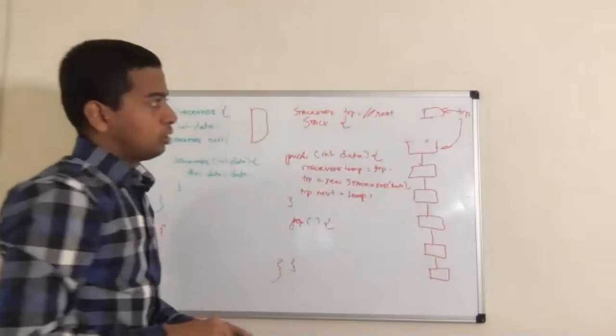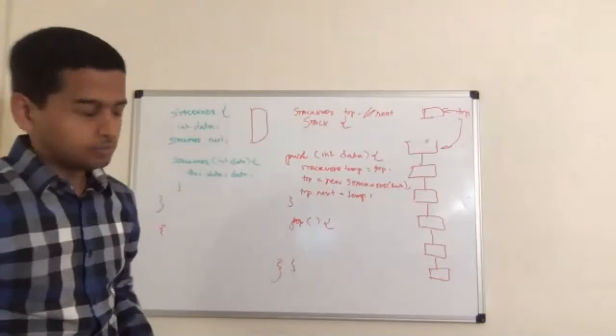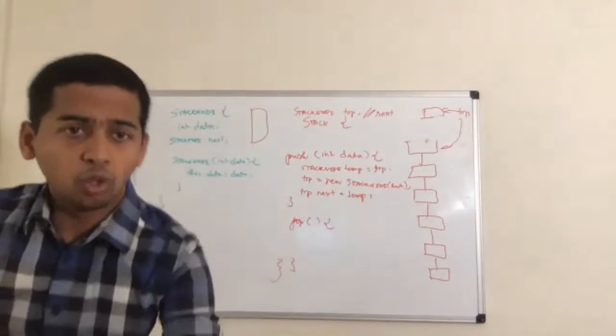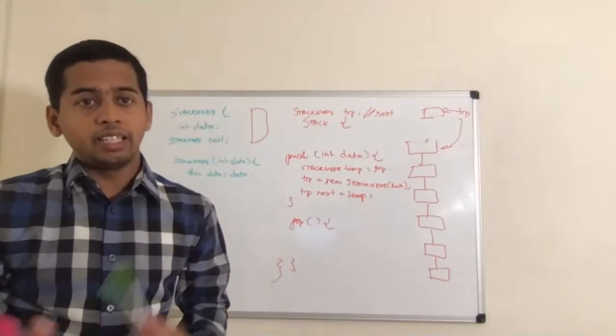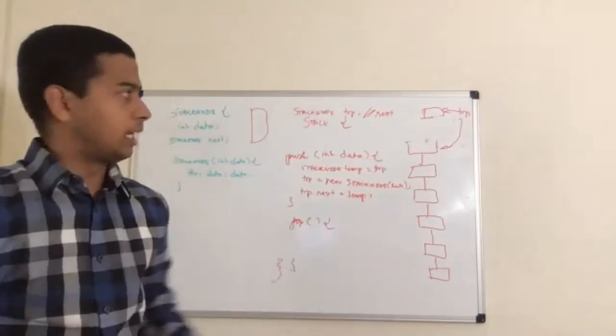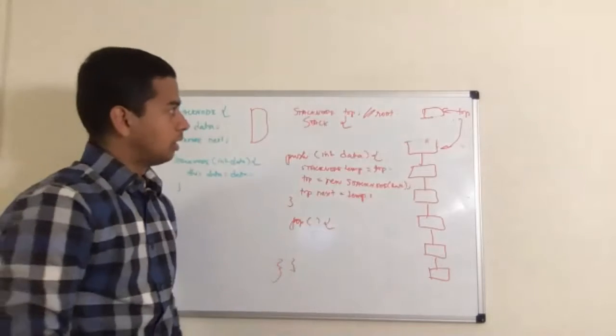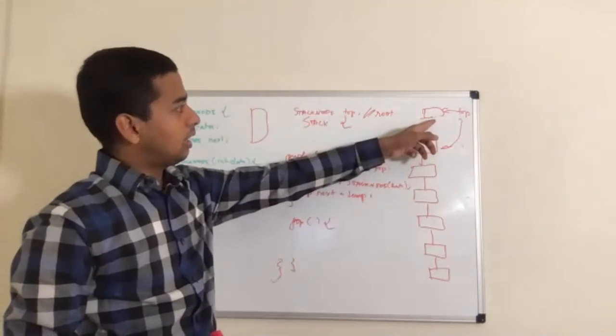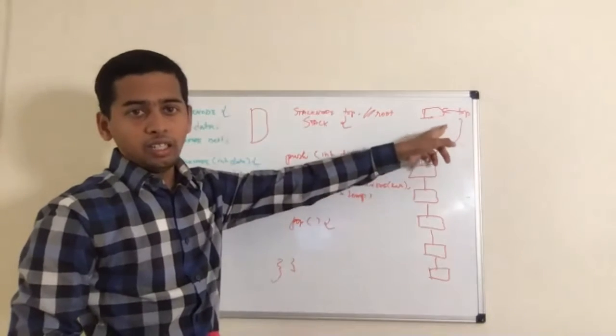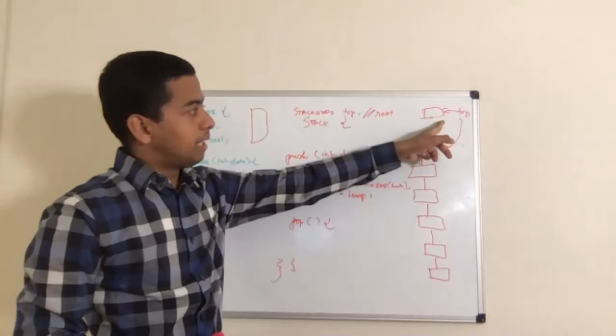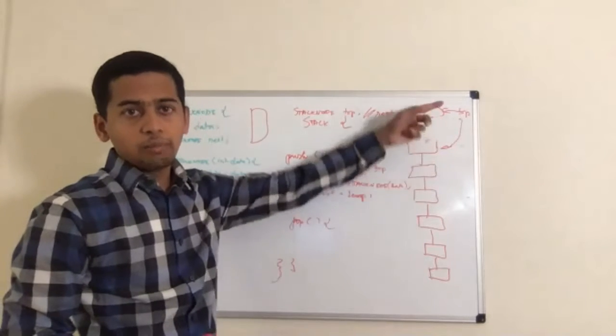In a single linked list, it will already remove the link. In a double linked list, I have to go to the prev and remove the link. I'll keep it as a single linked list right now. So I'll go to the top and make the top as top dot next and remove the top.